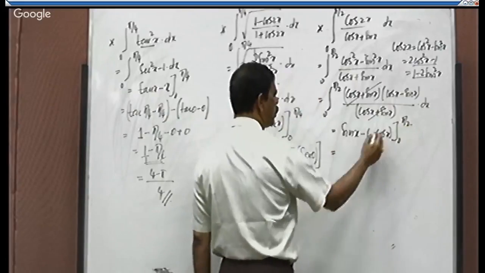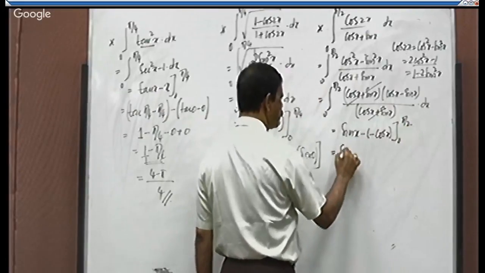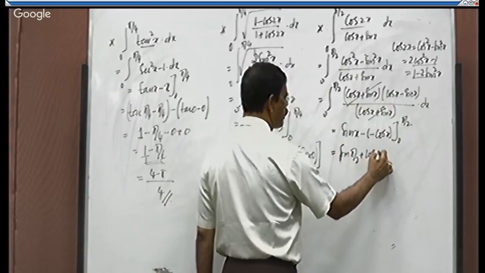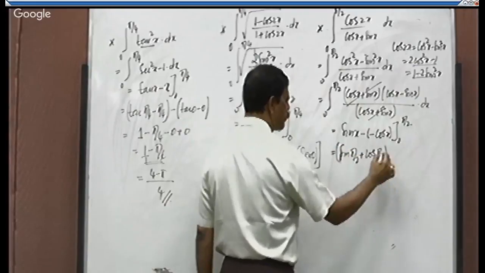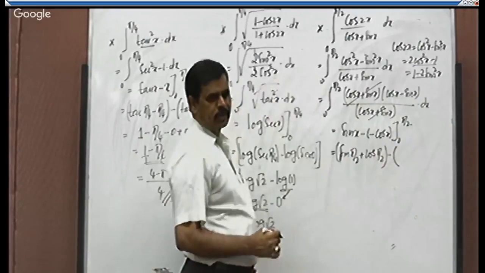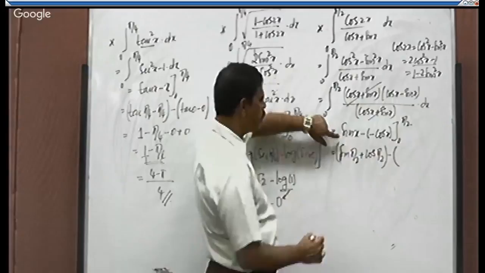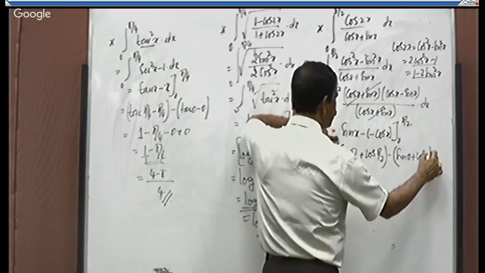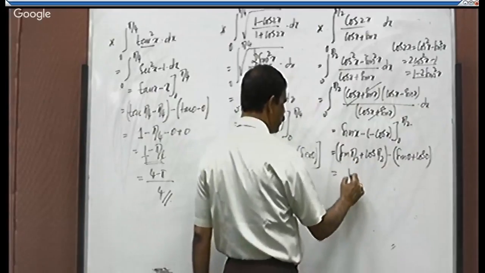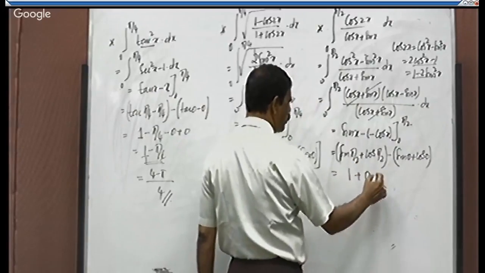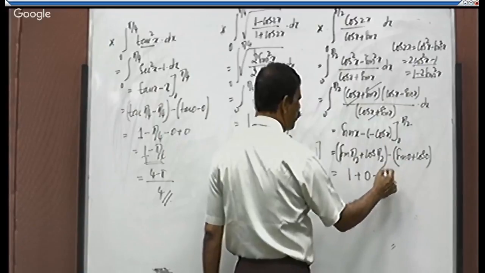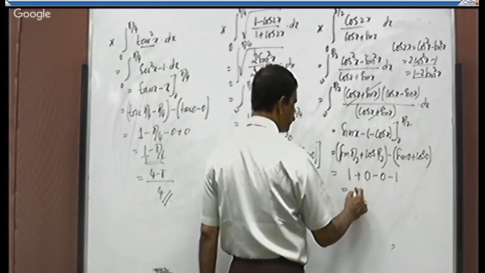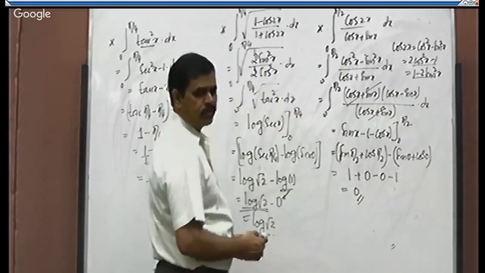It is sine of pi by 2 plus cos of pi by 2, minus the lower limit. What is the lower limit? 0. Sine 0 plus cos 0. Sine 90 is 1, cos 90 is 0, minus 0 plus cos 0 which is 1. 1 minus 1 is 0. So the answer is 0, right?